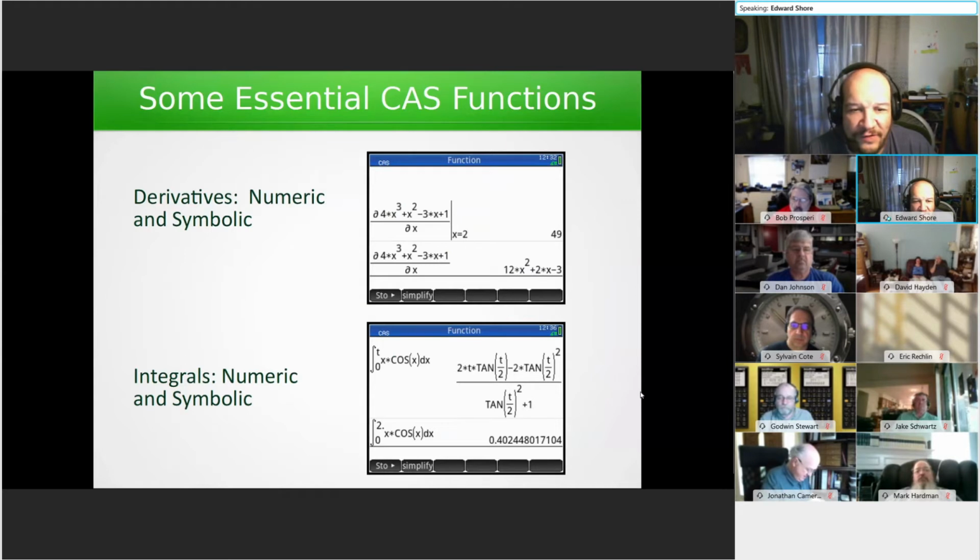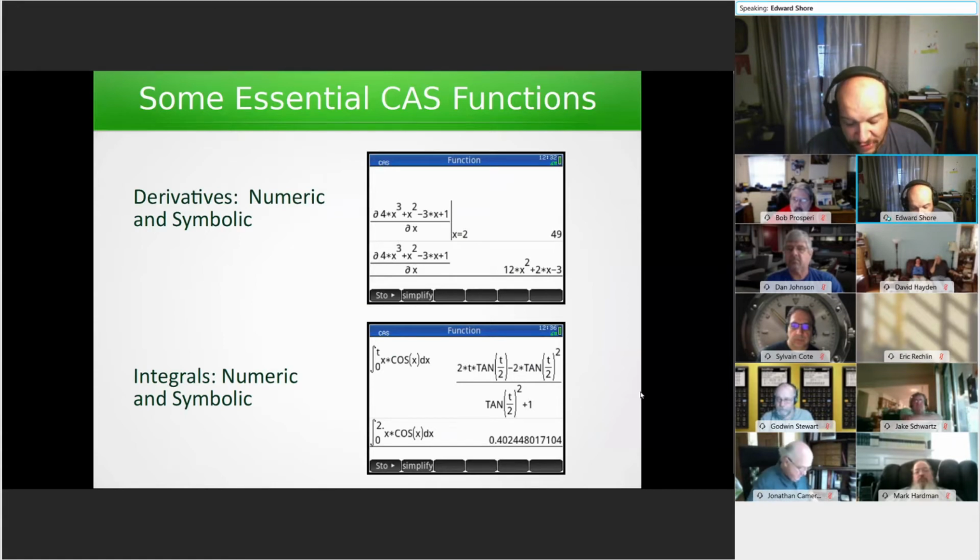And then you also have integrals, both numeric and symbolic, indefinite and definite integrals. Depending on the strength or the expansion of the computer algebra system your calculator is running on, you can get a nice set of indefinite integrals and simplifications.